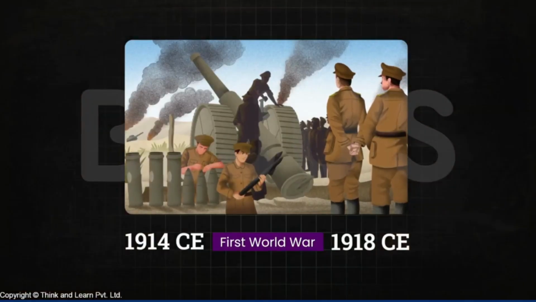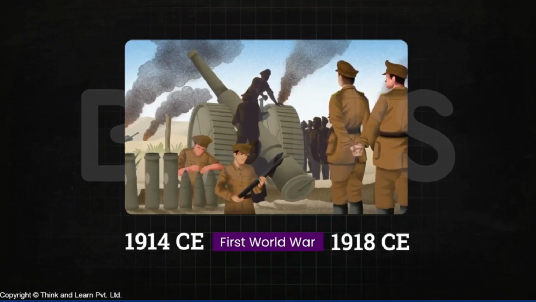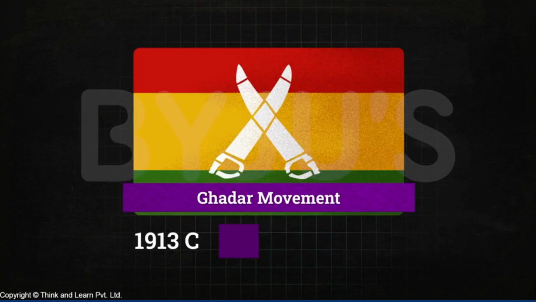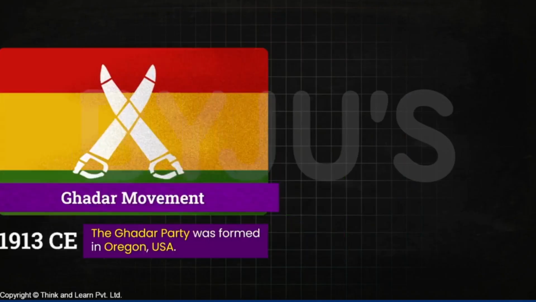During World War I, revolutionary activities broke out yet again in favor of Indian independence. The Ghadar Party, established in 1913 in Oregon, USA, actively participated in armed revolutionary activities from 1914 to 1917 in Punjab.